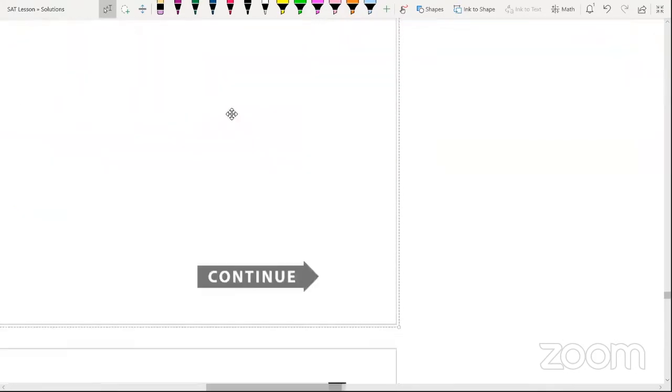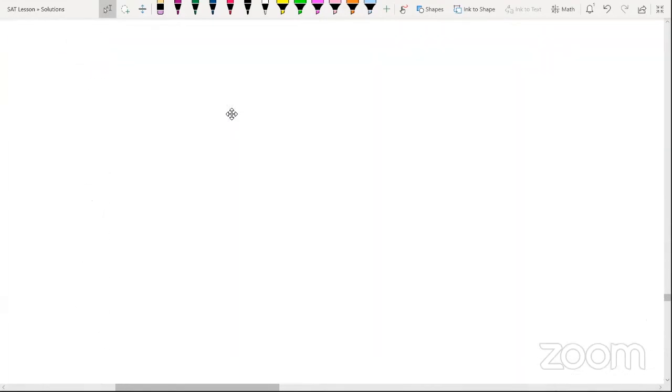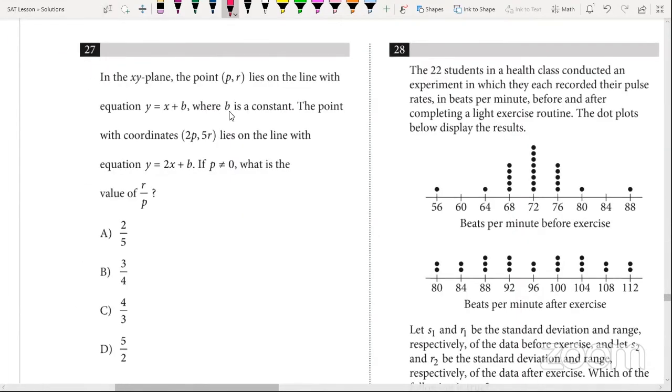Going over to number 27 now. The main point to make about 27 is the idea that when you're given a point, you want to plug it in. You're given a point, plug it in. Even if the point looks like something a little more complicated.